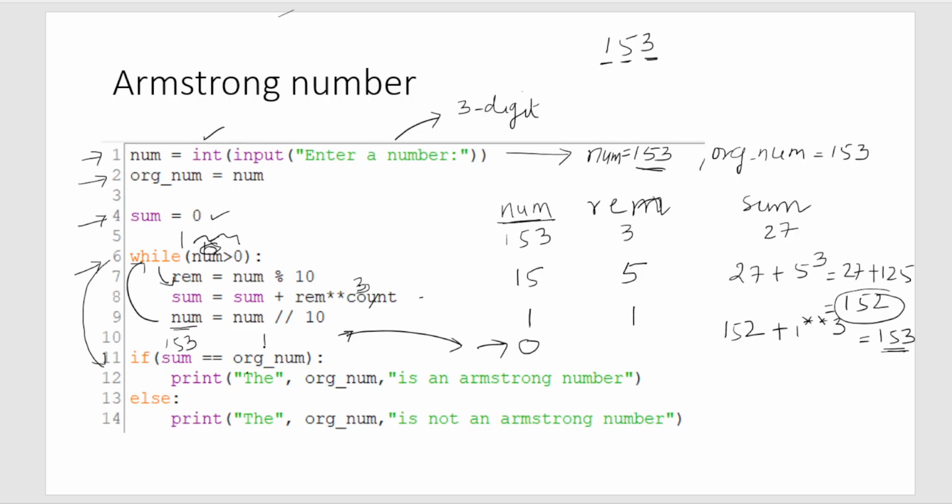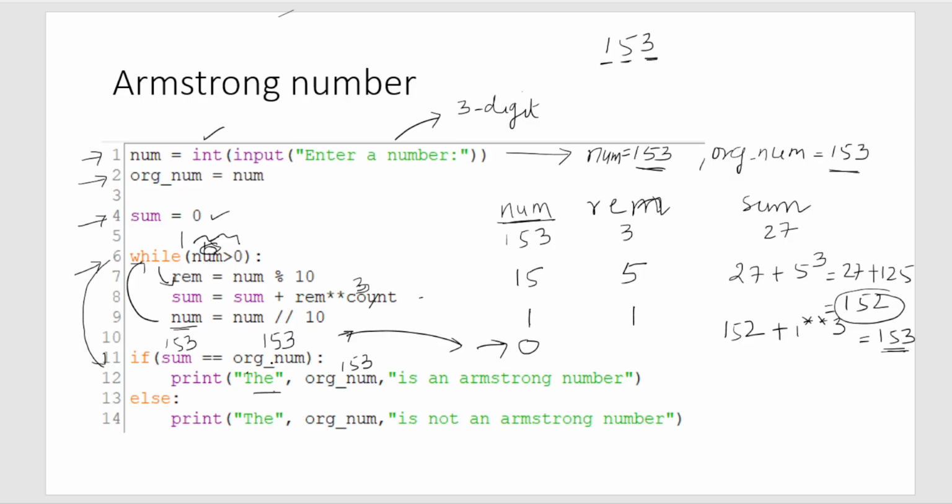So original num was having the value 153. When 153 is equal to 153, both values are the same, the sum is equal to the original number, so we print that the original number 153 is an Armstrong number.